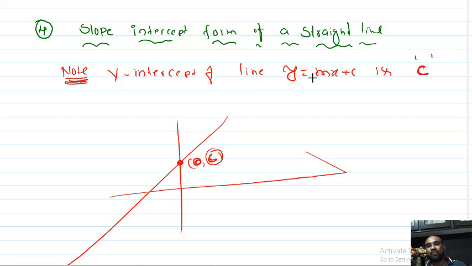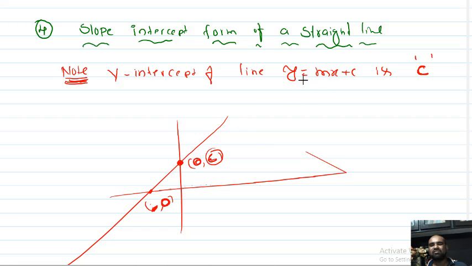Okay. To find the x-intercept, I want this coordinate. Every point on the x-axis is of the form something comma 0, means the y coordinate is 0. That's why put y equal to 0 in this equation. What do we get for x? That is taken as the x coordinate of that point.